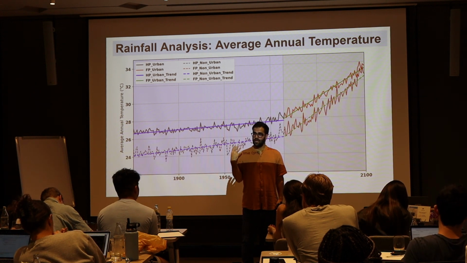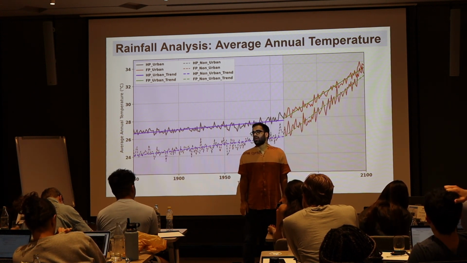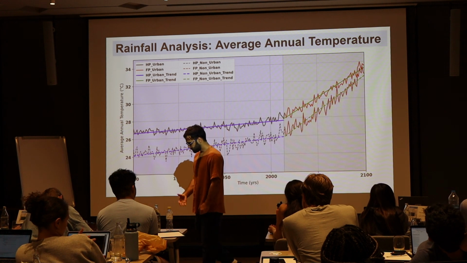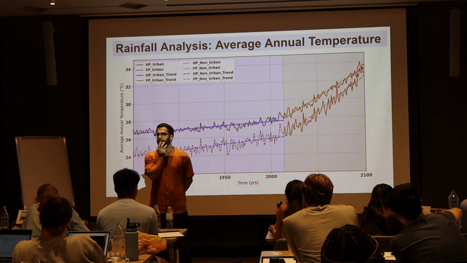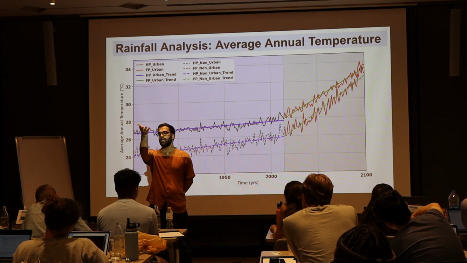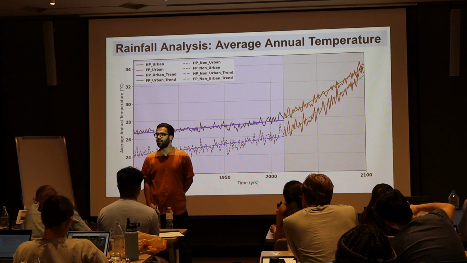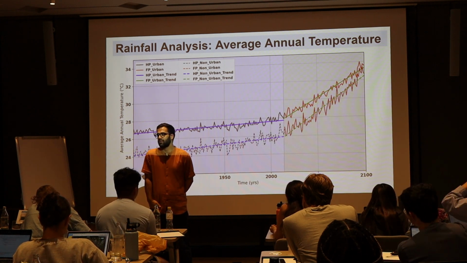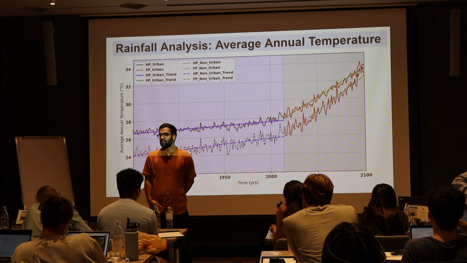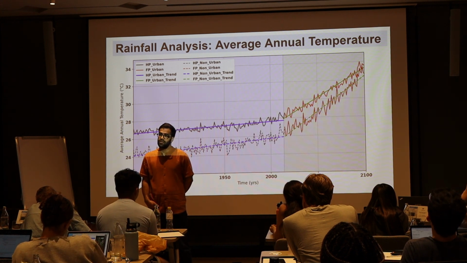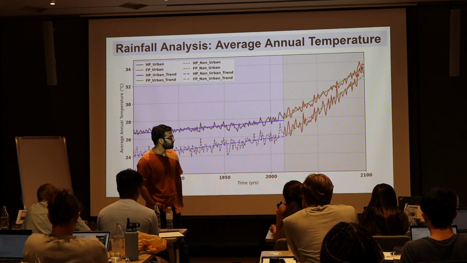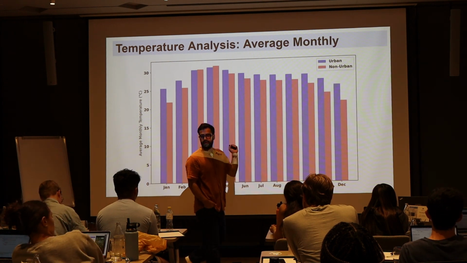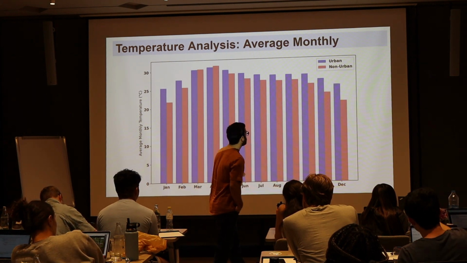So I need to design these dams accordingly. Because if I store water and then the evaporation will suck all the water, then I have nothing for the irrigation purposes, for the power generation, I have nothing there. So that's how we use this kind of data for the urban infrastructure.